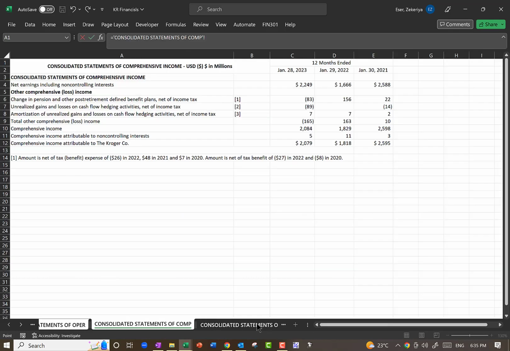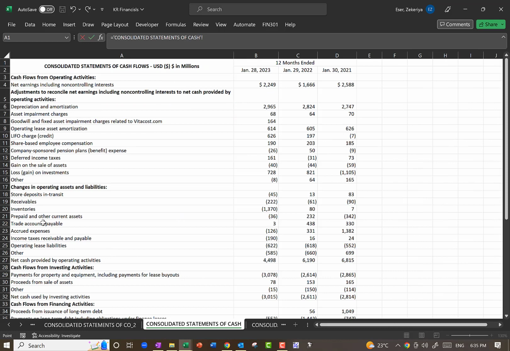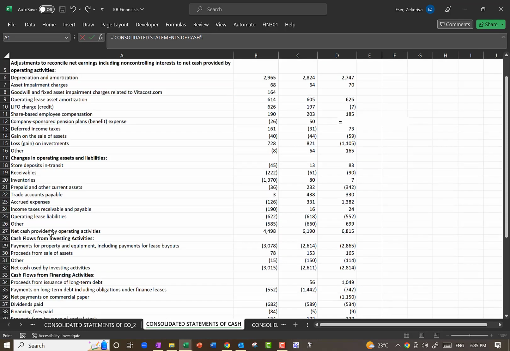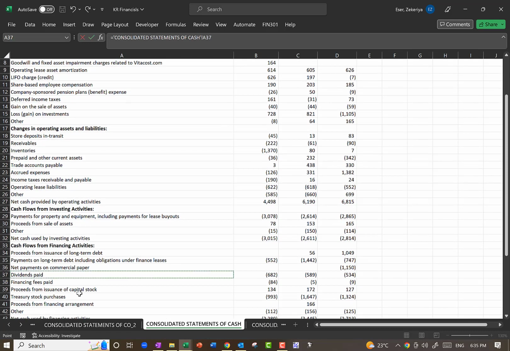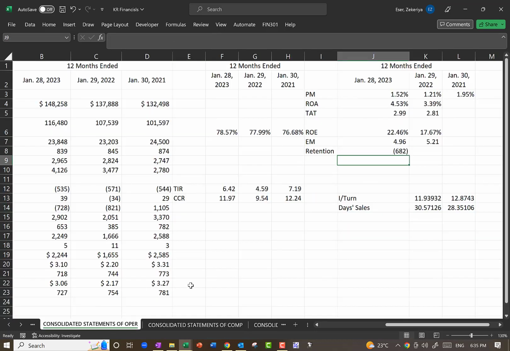Okay, let's find the statement of cash flows. Inventories, where art thou? And I'm going to divide that by net income.